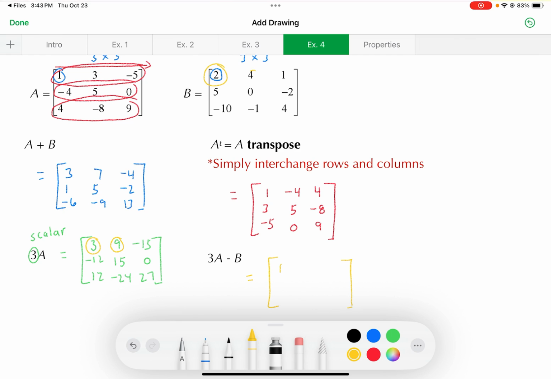If I take 9 subtracted by 4, I get a 5. If I take negative 15 and subtract 1, I get negative 16.